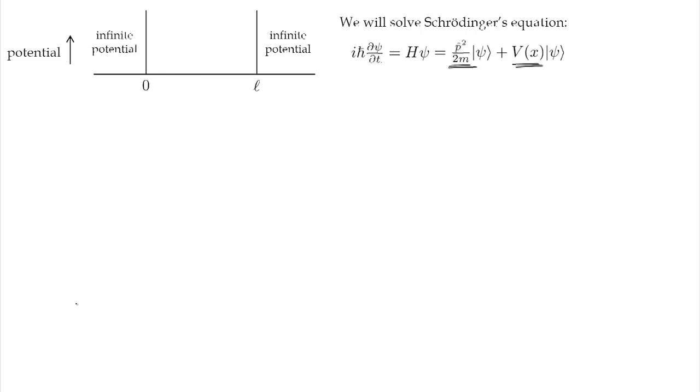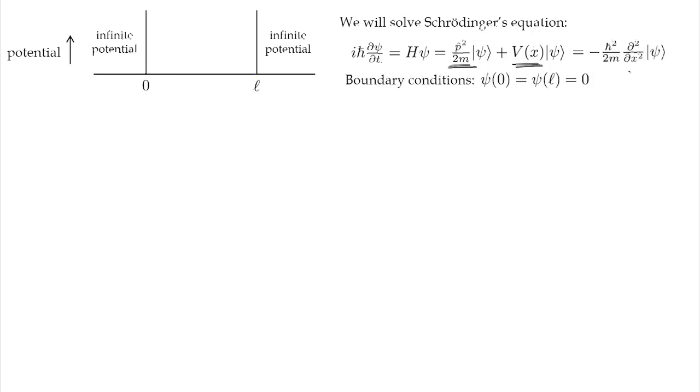Or we can just say, since the particle can never be in the interval between 0 and minus infinity or between L and plus infinity, we'll just impose boundary conditions saying that psi at 0 equals psi at L equals 0. And then we'll just keep the kinetic term around. That's a simpler way of doing things. So that's what we'll do.